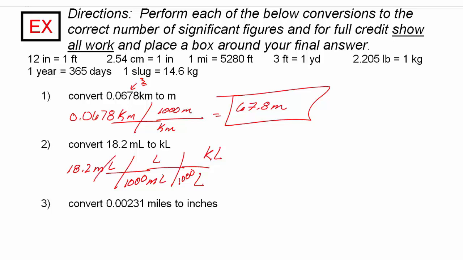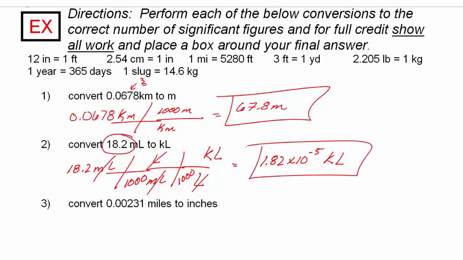So my milliliters canceled, my liters canceled, I'm in kiloliters. So 18.2 divided by 1,000, divided by 1,000, you get about 1.82 times 10 to the negative 5 kiloliters. Is that the right number of sig figs? Report my answer to 3 sig figs. 3 sig figs, I'm good to go. So try these and see if you get the same answer that I do.